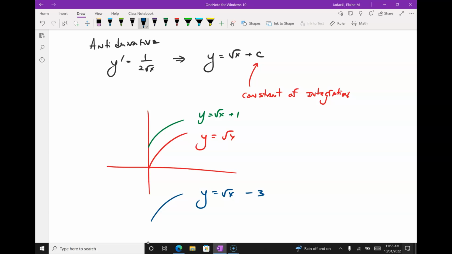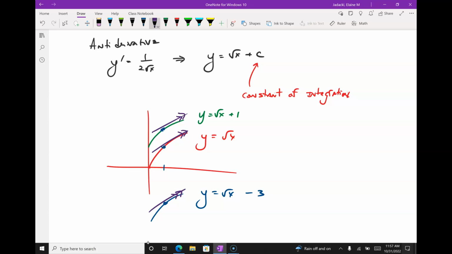At that point, they'll all have parallel tangents, right? So when I give you the derivative, you don't know what it is. Is it a mother function or a daughter function, right? Does that make sense at all?